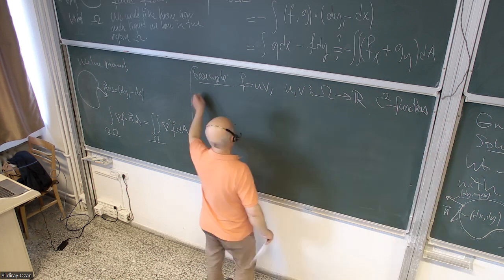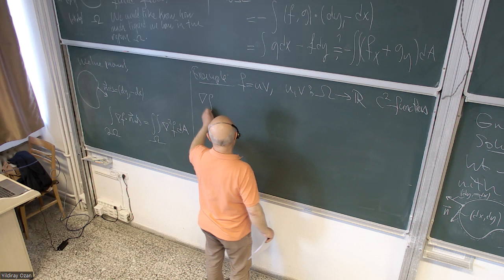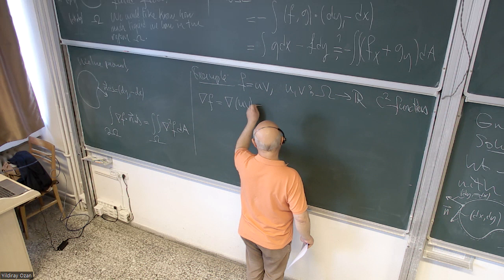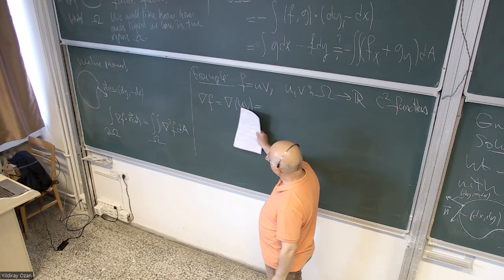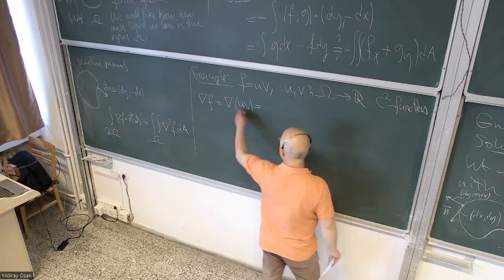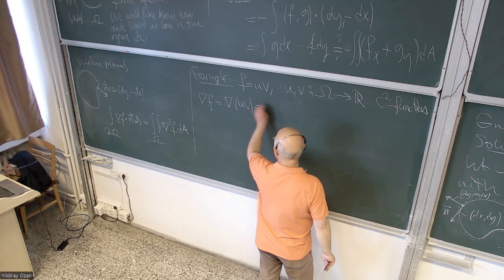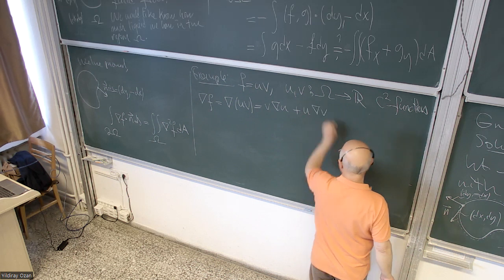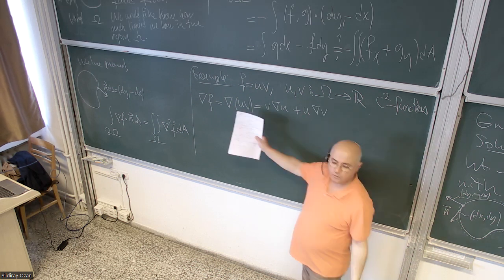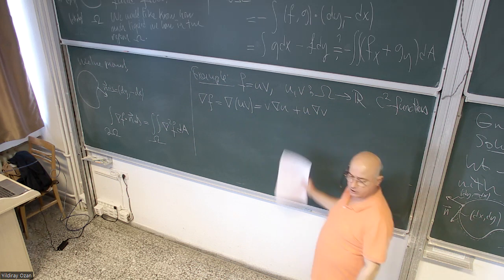Then what is the gradient of f? So the gradient of the product function. Well, we apply the Leibniz rule, right? Product, so its derivative will be just v times the derivative of the first guy plus u times the derivative of the second guy. This is true for all partial derivatives, therefore it is true for the gradient.